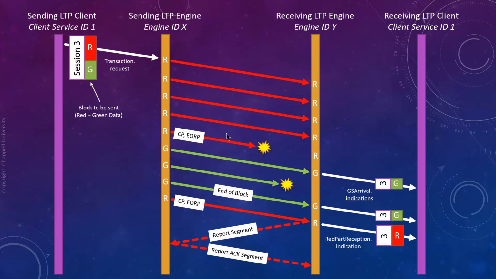Notice that it's the checkpoint timer that actually triggered the retransmission of this packet that never made it. It's not the report coming back and saying we have all these holes in the receipt here. It is the checkpoint timer that triggered this retransmission right here. So this is another way of data recovery for red data. And we will not go through the process of trying to recover the green data.